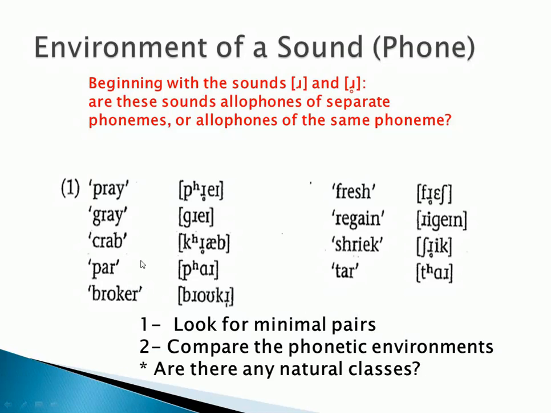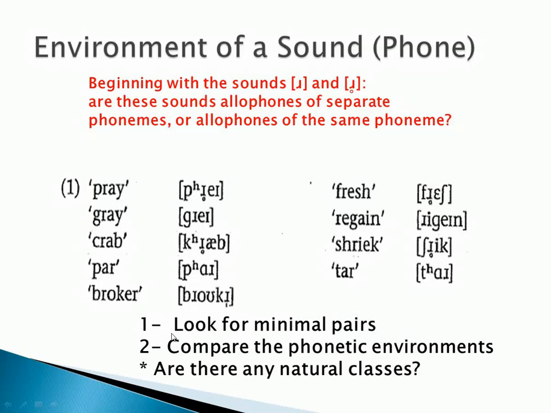First of all, I want you to know that I will provide the words and also the transcription. So you're going to receive the problem with something like this, okay? And the first thing you need to do is to look for minimal pairs. Because remember, if you find minimal pairs and the meaning is different, that means that those two sounds belong to two different phonemes.